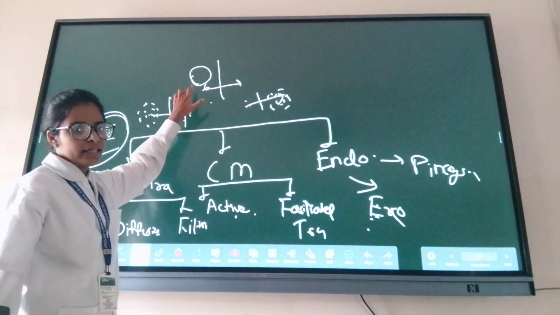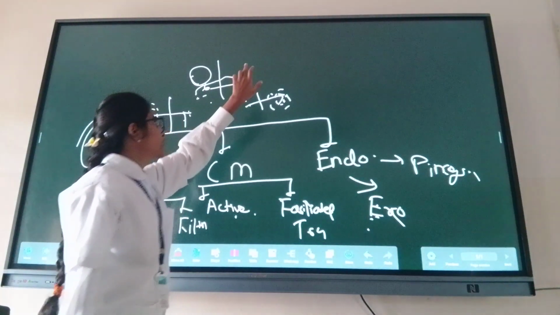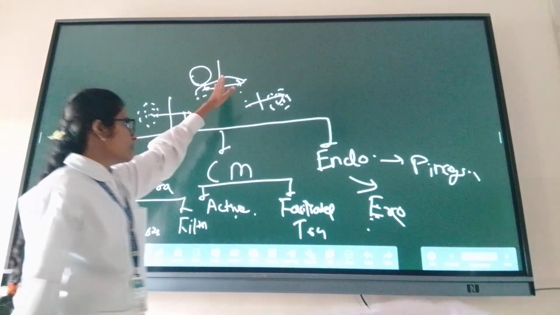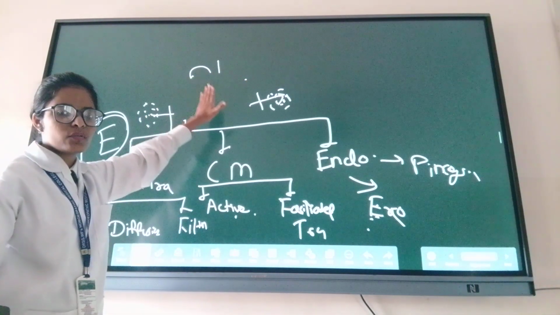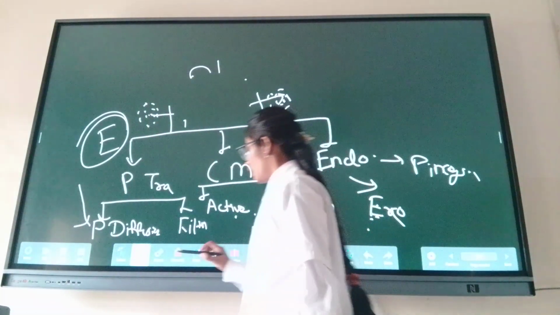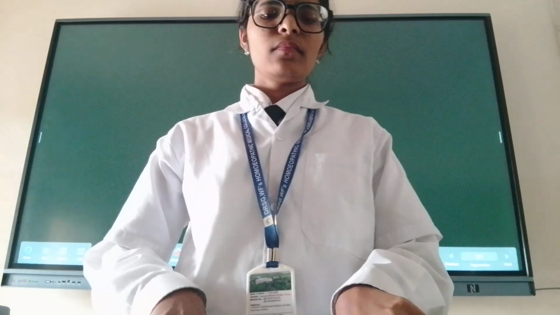This carrier will bind with our drug, go to the bloodstream and release it. And this carrier again comes back to its original site. This is known as facilitated transport. Okay. So there is nothing more in this. It was the basic understanding.